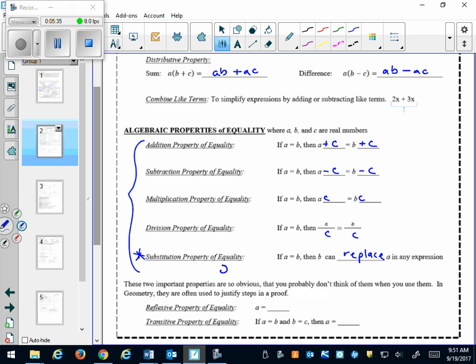If you have an expression like 2x plus 7, and then they tell you x equals 3, well, you've learned that you can replace the x with a 3 because x equals 3, right? So you would rewrite this as 2 times 3 plus 7. That's substitution property. You just took out the x and replaced it with a 3 because they're exactly equal to each other.